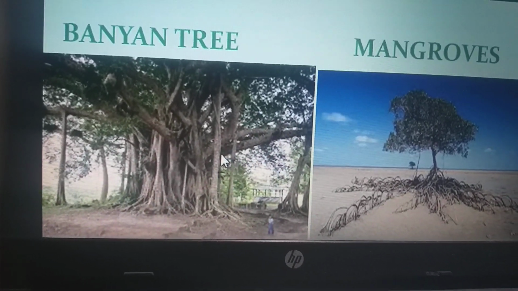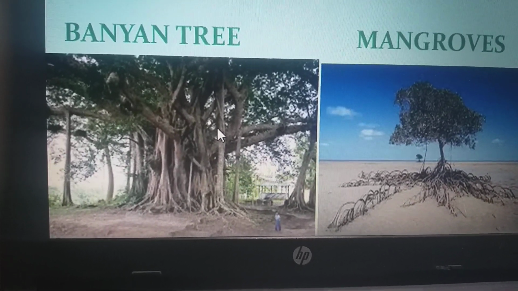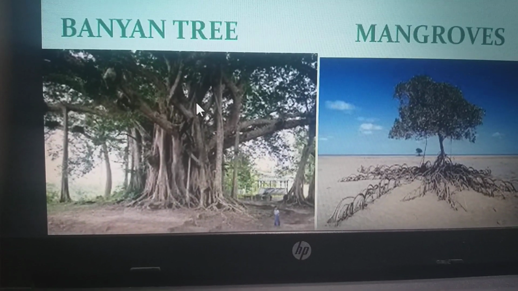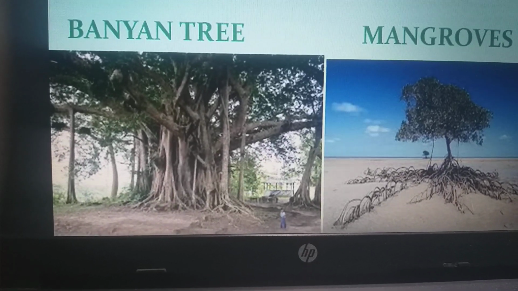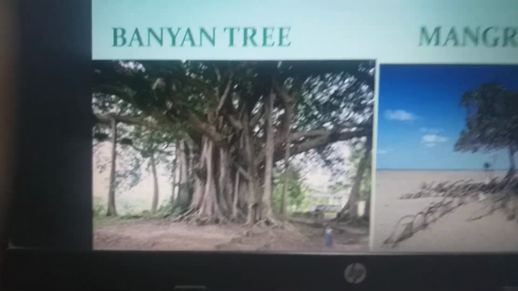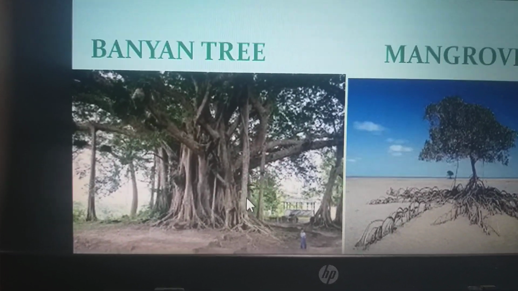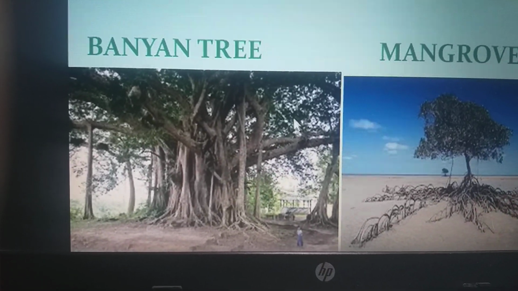It grows underground in the soil, but in the banyan tree, along with the underground roots, some roots grow downward from the branches to provide extra support to the plant. You can see these roots which are growing downward. These are roots which provide support to the branches of the banyan tree.